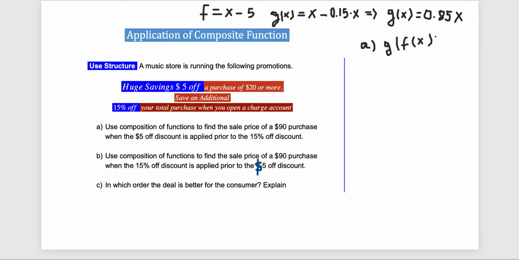First we write the function g of x, which is 0.85, and instead of this x we leave a big place, because we have to plug in the function f of x, which happens to be x minus 5. So we write x minus 5.